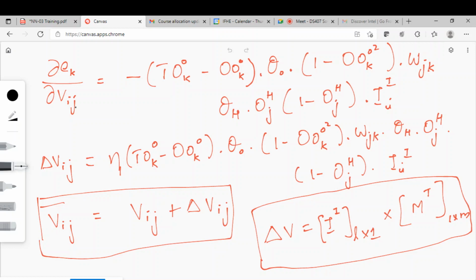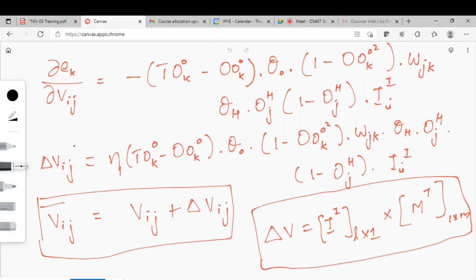So the updated weight Vij will be equal to Vij plus this change in weight. This is only for one weight Vij, but in between the input and the hidden layer there are many such weights. So how will you generalize it?